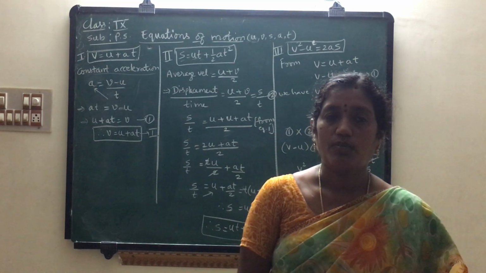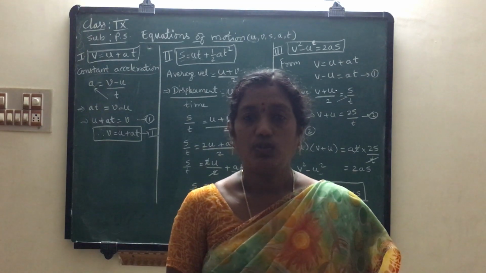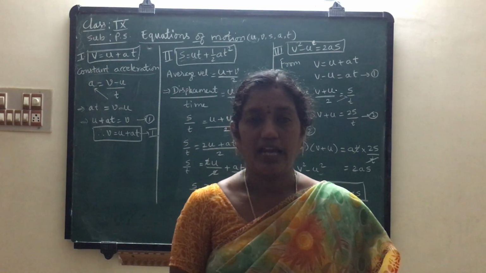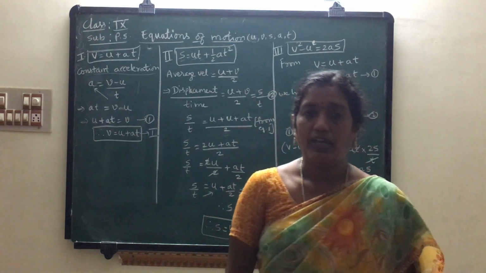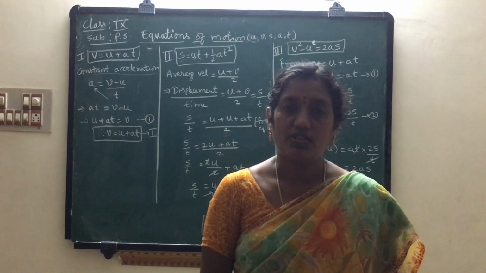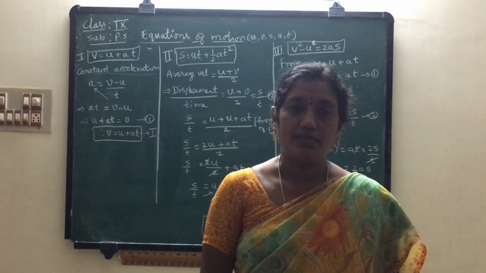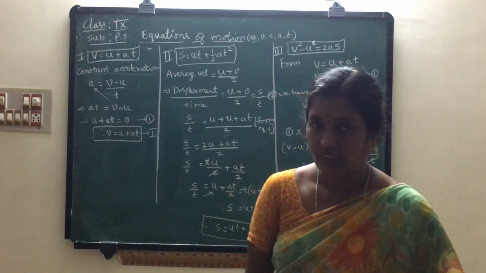So what is the formula of velocity finally? Velocity is equal to displacement by time. And this displacement is denoted by the letter S. Time is t.